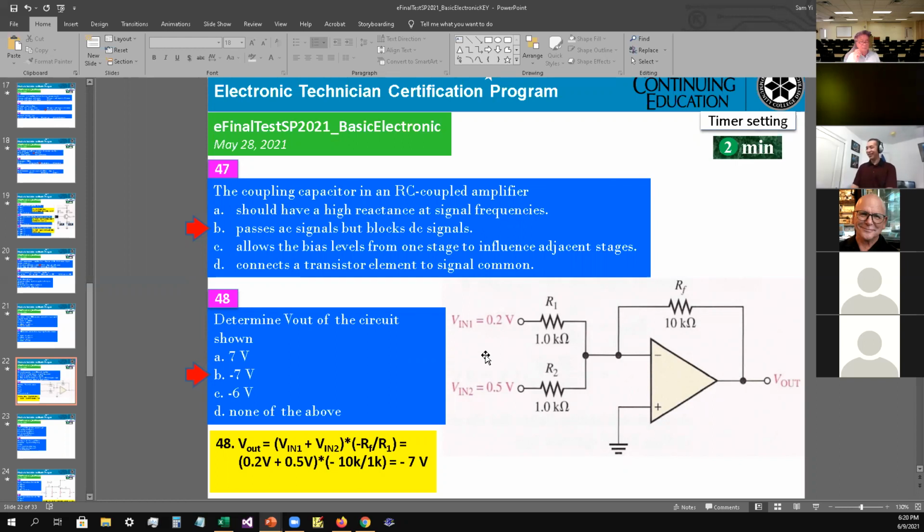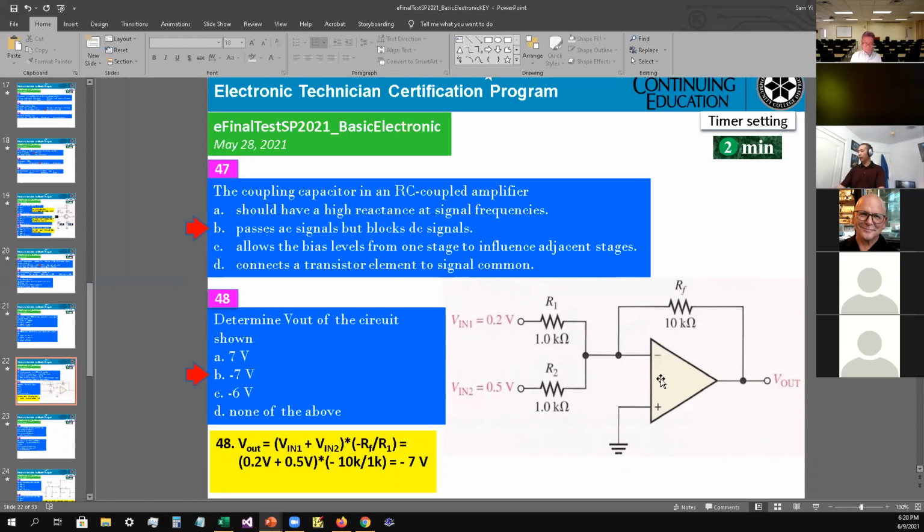All right, 48. Determine Vout for the circuit shown. In this circuit you have 1K and 1K inputs and the RF, the feedback resistor, applied to the inverting side.